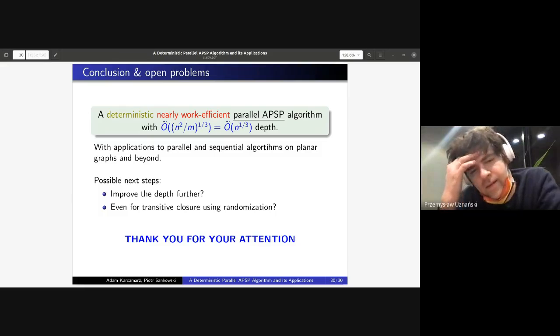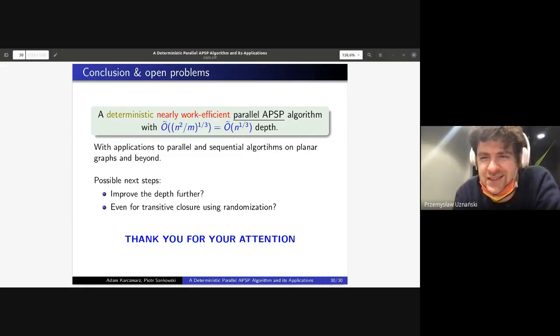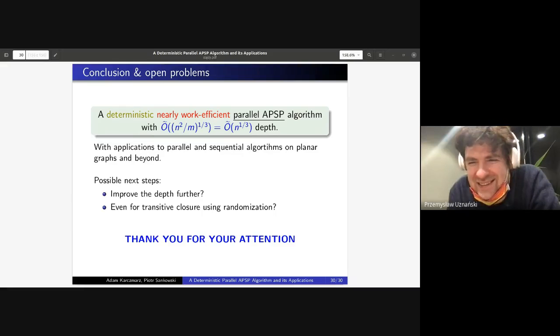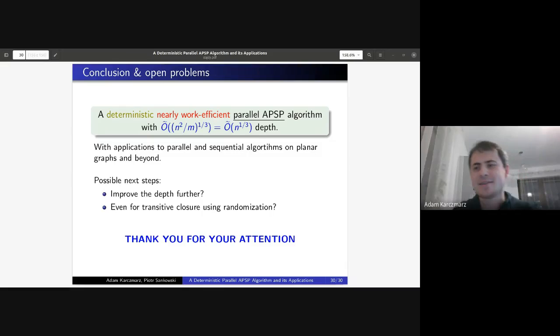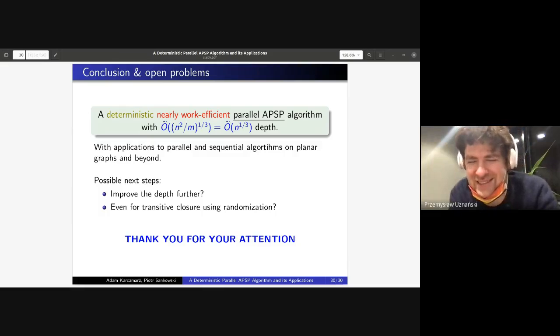Yes. I'm just trying to relate to those results, at least on some level. It's easier for me to relate to hubs than to Monge matrices. Because for hubs I have intuitions. For Monge matrices, I just know that they are there.